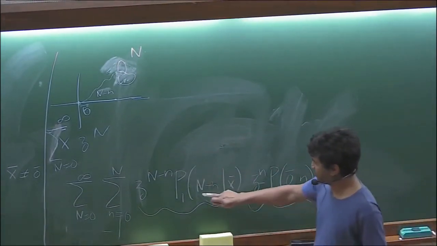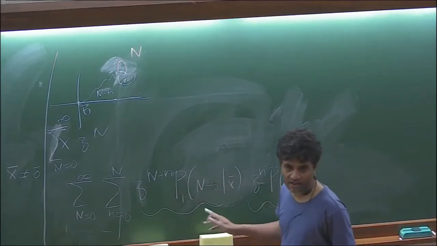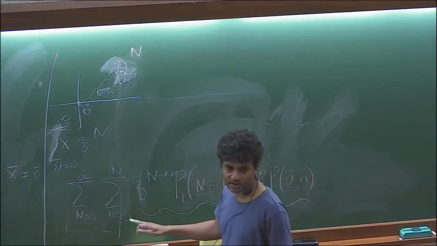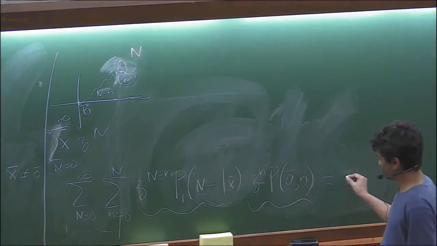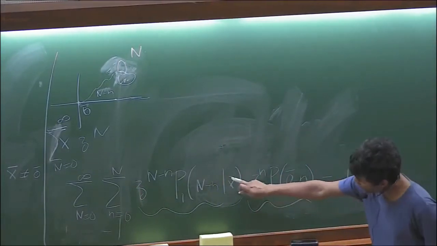This is like some dummy index, and if I change variables, both go from 0 to infinity.